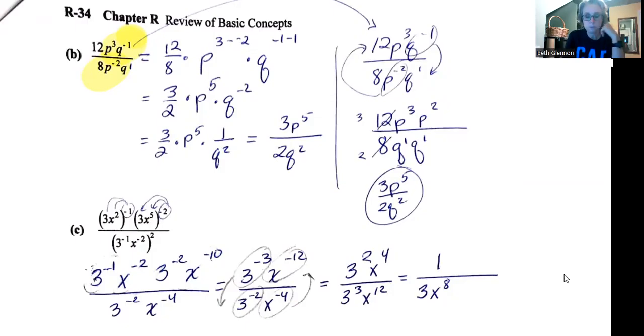So I like to move those first. This is the method that I like to use. I would move the negatives to the denominator, negatives to the numerator, and then I would go ahead and simplify, but that's totally up to you. You know, however you work best, that would be fine, okay?